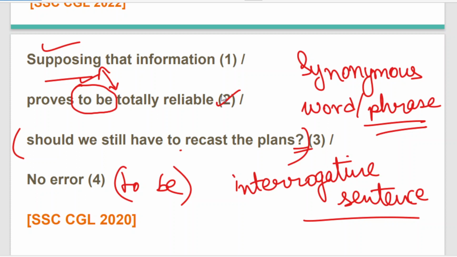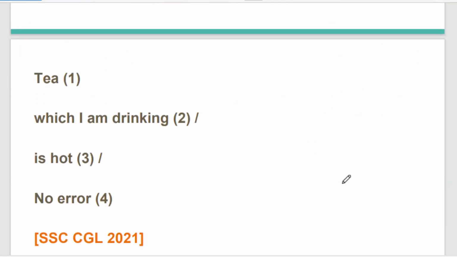I hope the logic, the twist, the way of finding logic, and the sentence, all these things are clear to you. This is a very different, interesting, and most importantly, it was a repetitive question. I hope this sentence is clear to you. Moving to the next question.